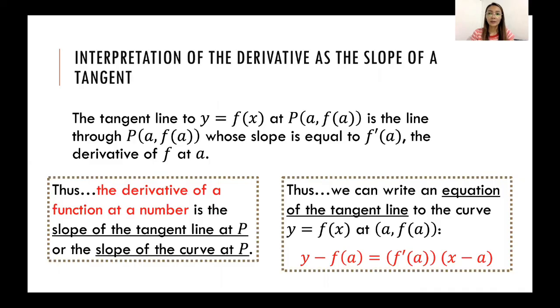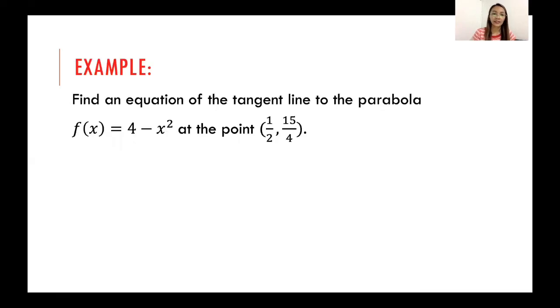Sige, para mas lalo nyo maintindihan, let's have an example. Find an equation of the tangent line to the parabola f of x is equal to 4 minus x squared at the point 1/2 and 15 over 4. So, nagbalik lang tayo dun sa first example natin. Okay? So, hahanapin din natin yung equation niya.